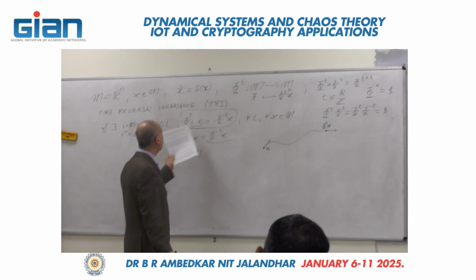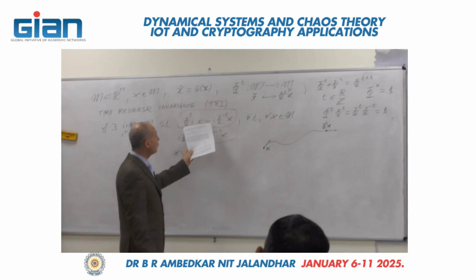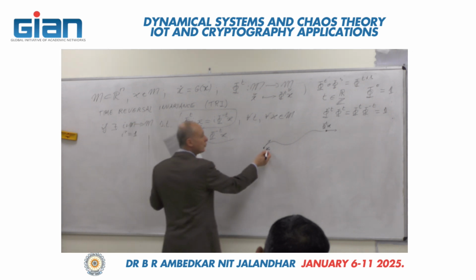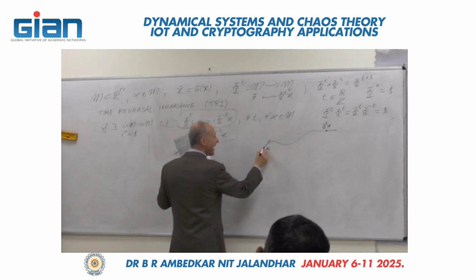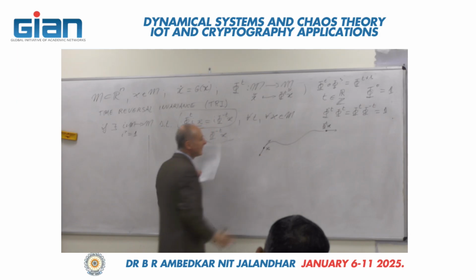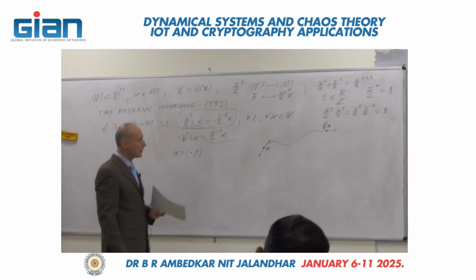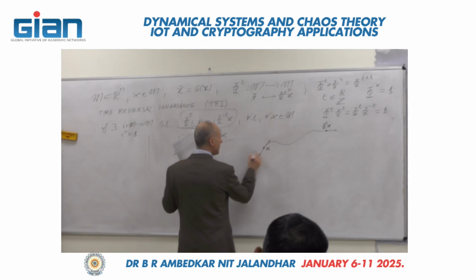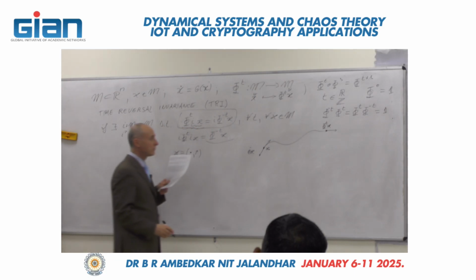If I apply I to this x, I can imagine that it is like reversing the arrow and keeping the point. Okay? So this is x, this will be I x.